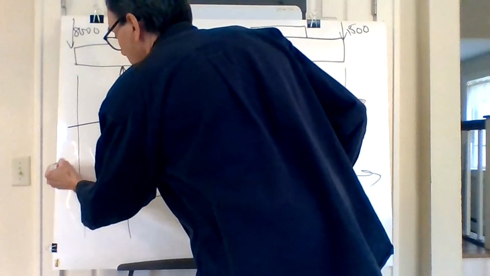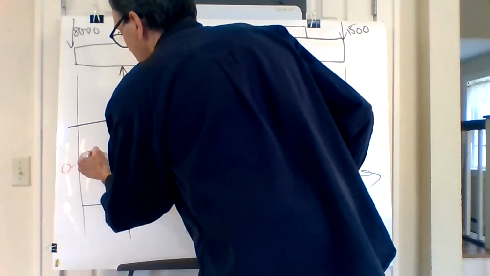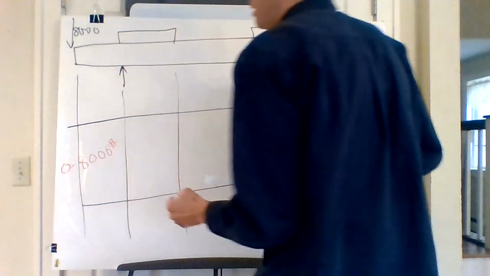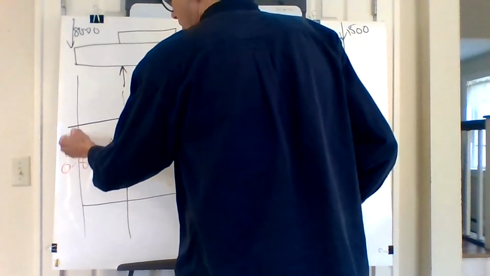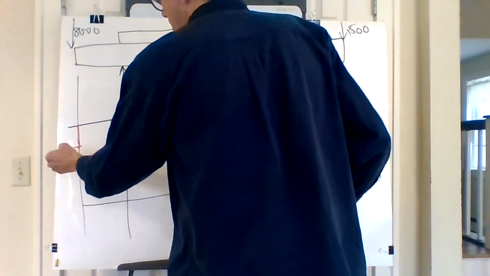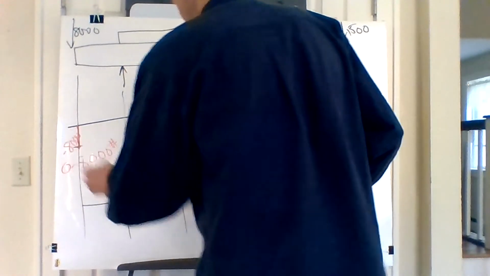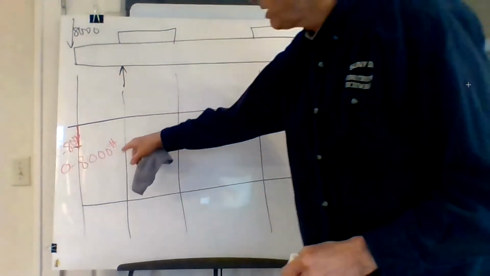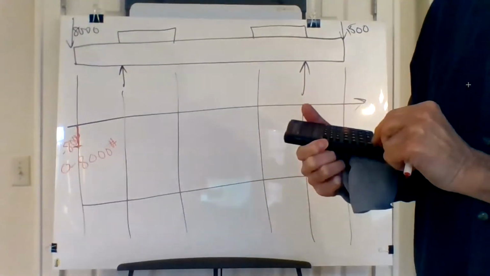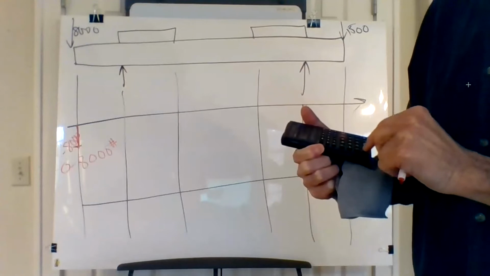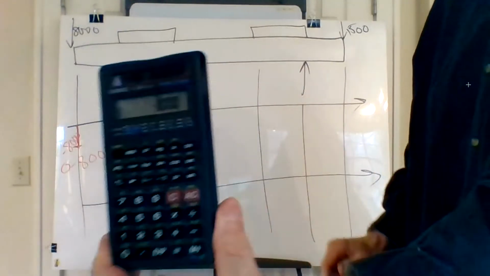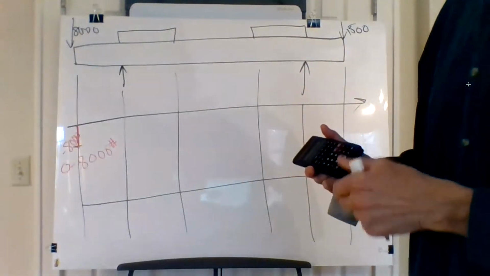So it was 0 minus 8,000 pounds. On my shear curve, I went from 0 minus 8,000. Leaving that in the calculator. So 0 minus 8,000 equals minus 8,000.